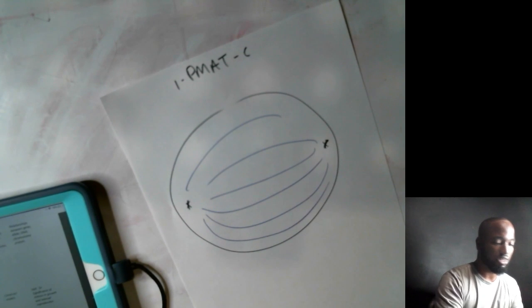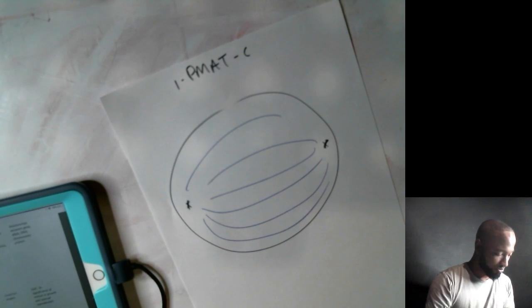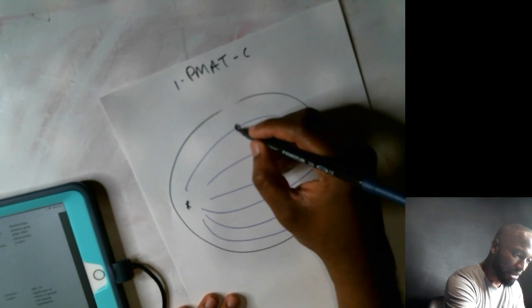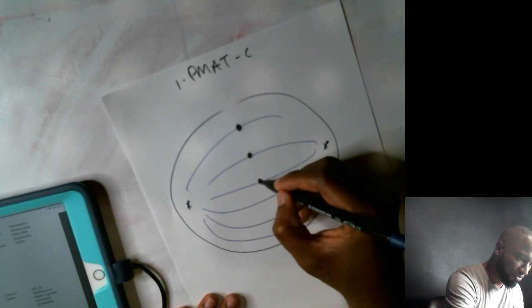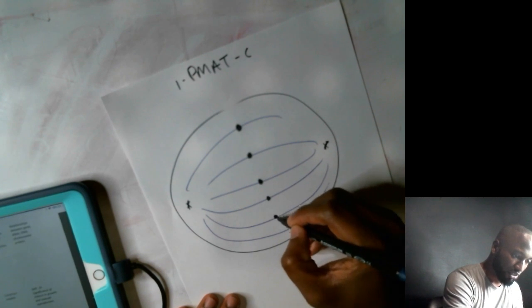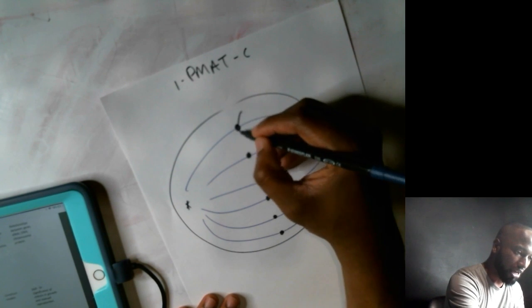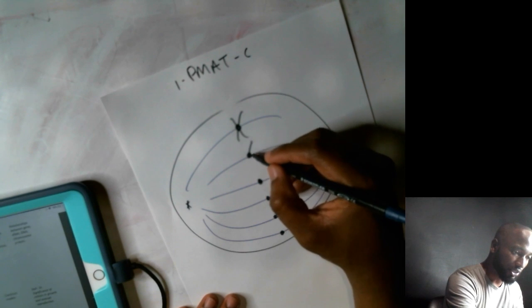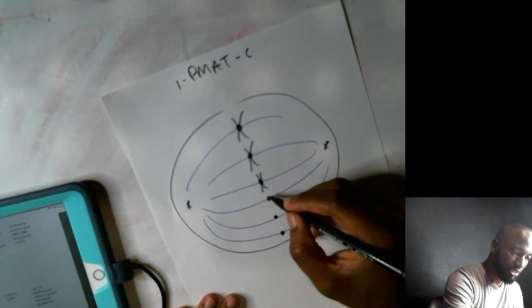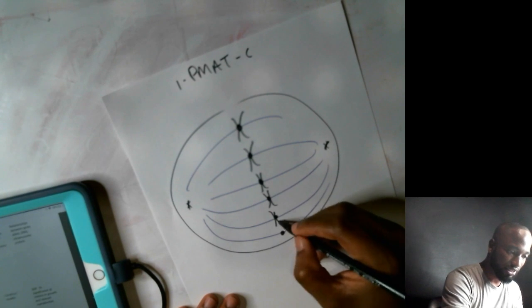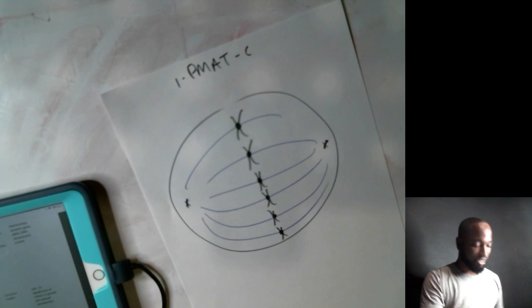And the chromosomes are going to line up, the centromere on each one of them, and you have the 2 chromatids. I can just do it like this, just waiting for the action there.